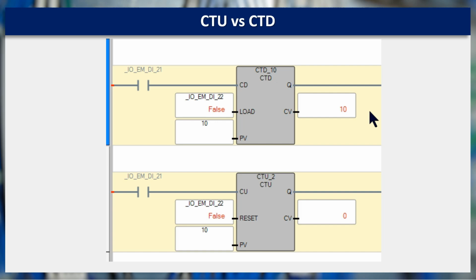Whereas on the count down, we need to load 10 to count down to 0. So as I toggle the inputs, one is decrementing, one is incrementing, and when this started at 10, it's now 0. This started at 0 and is now at 10. So both of the Qs are on.